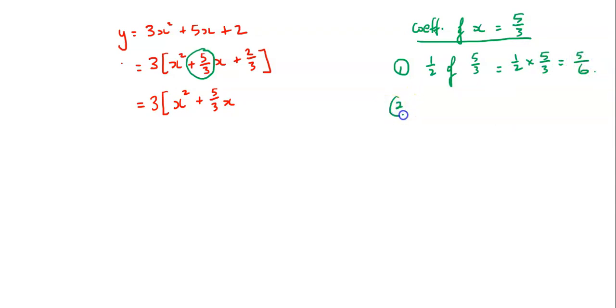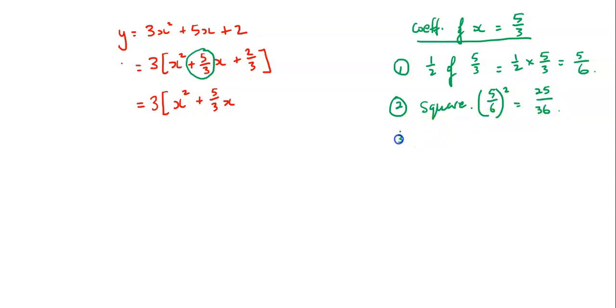The second thing we're going to do is square. So we have 5 over 6 squared, which will be 25 over 36.